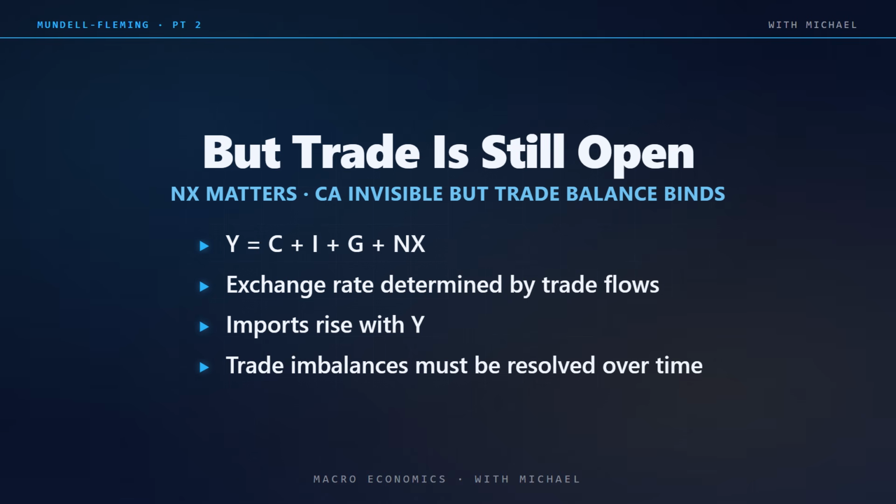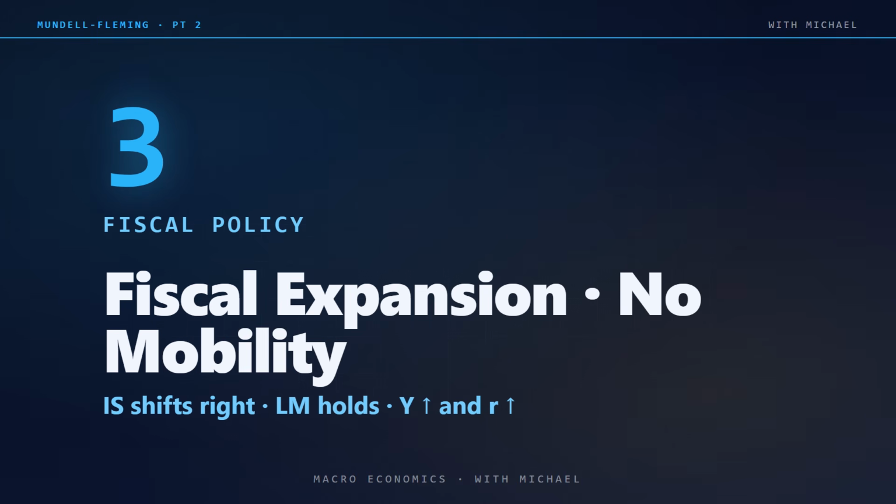This open economy IS curve still slopes downward in the interest rate, but the slope is generally a little less steep because changes in the interest rate have a smaller effect on aggregate demand. In the closed CA case, that's the main modification we need to make. The LM curve is the same as in the closed economy. Money market equilibrium depends only on domestic interest rates and domestic output. There are no international monetary linkages because the capital account is closed.